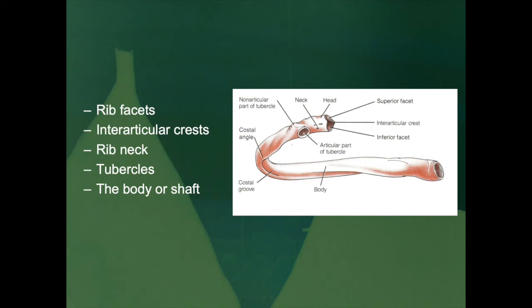If you have the head, the neck, and that articular or non-articular portion of the tubercle, along with, of course, the end of the rib where we have that kind of connection to the hyaline cartilage, the costal cartilage, we then can use all of those different landmarks to be able to orientate it and to side it, which is important.